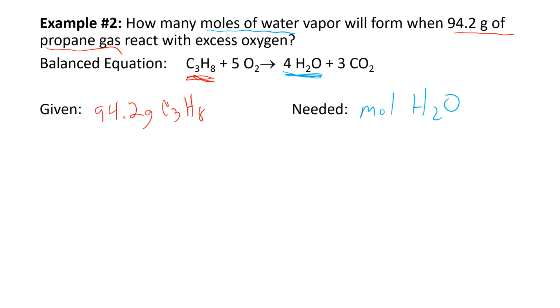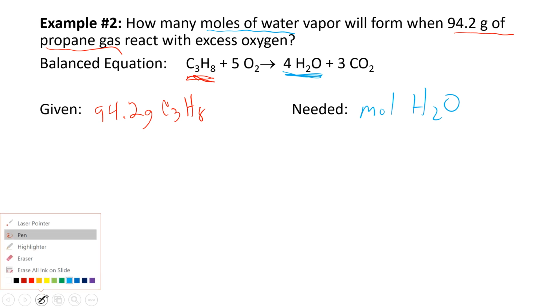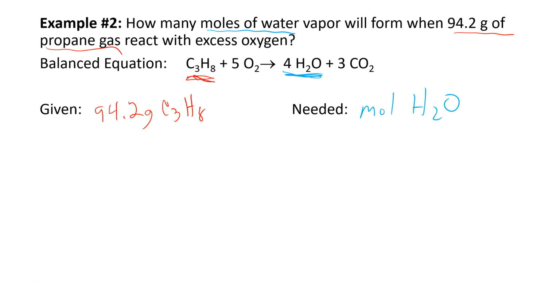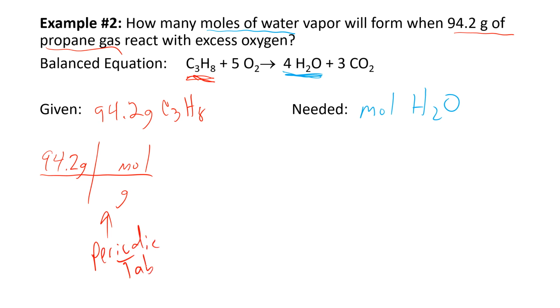All right, so let's look here. We have grams, and hopefully by now you realize on our highway, since we're starting with grams, we have to go from grams to moles. And we get that from the periodic table. So this is going to come from the periodic table. And you will see on the periodic table that C3H8 is, there's 12, they weigh 12, and there's three of them, so that's 36.